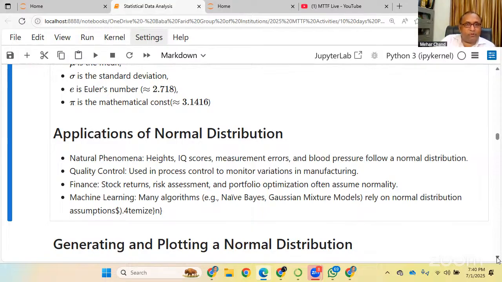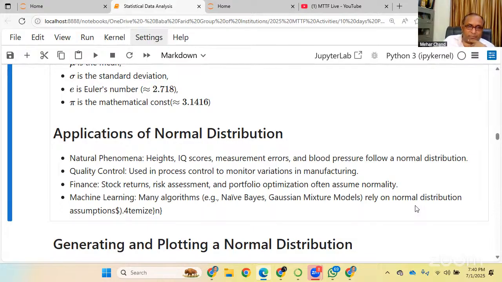In finance, stock returns, risk assessment, and portfolio optimization often assume normality. And in machine learning, many algorithms, for example naive Bayes and Gaussian mixture models, rely on the normal distribution.